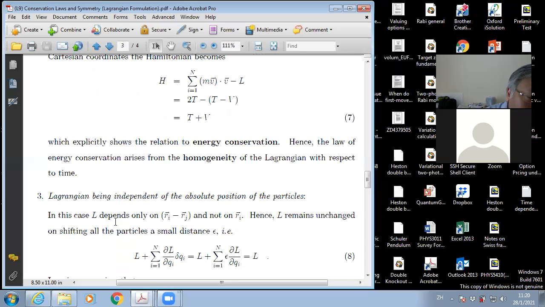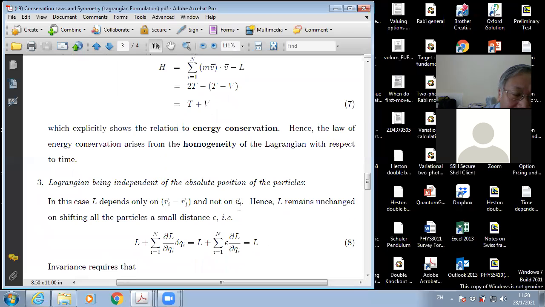The third example, the Lagrangian being independent of the absolute position of a system of particles. In this case, the Lagrangian depends on the relative coordinates and not the absolute position of each particle. All right.